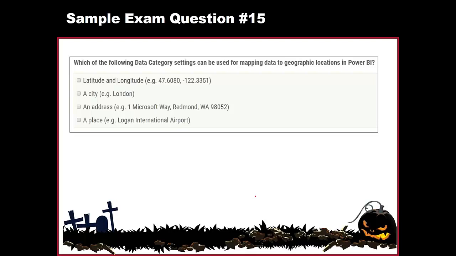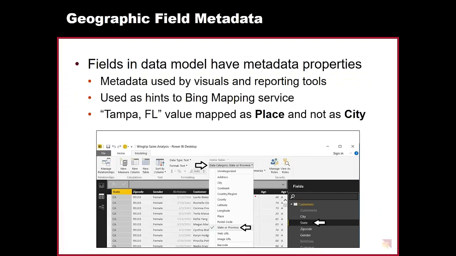So which of these are valid data category settings? And it turns out that latitude, longitude is, city is one, address is one, and place is also one. So all of these are valid data category settings.